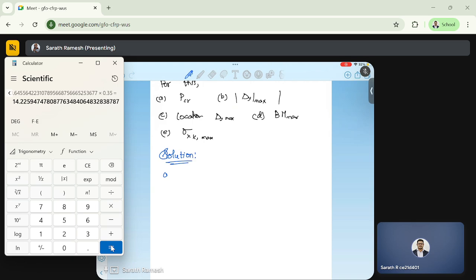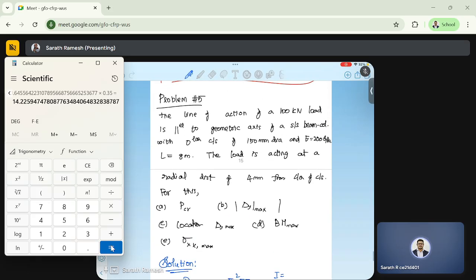First, P critical is straightforward. P critical is pi square EI by LE square. So pi square into E, which is 200 into 10 power 3. What is I?